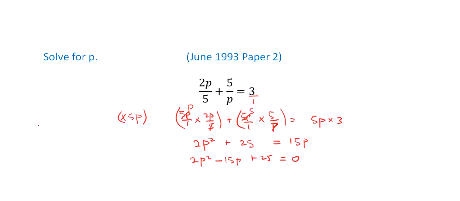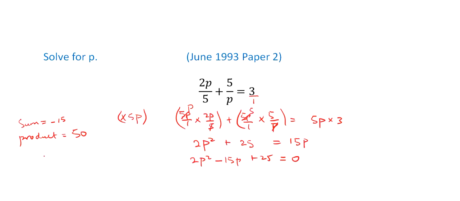So remember, there's a video that explains how to factorize a quadratic expression. So we need to get two numbers whose sum is equal to minus 15 and whose product is equal to AC, which is 2 by 25, which is 50, right?